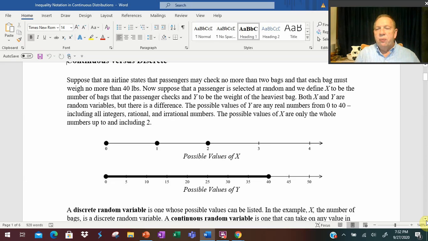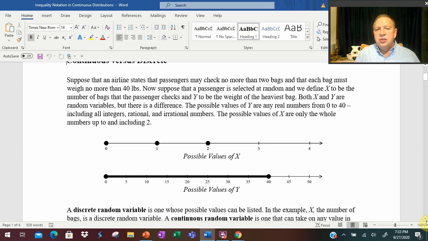Here I couldn't pull a 1.5 for a discrete value, but here this could be 5.5, 9.9, 12.32657, somewhere in there. And this is the representation of the interval on a number line. It's just a graphic representation.